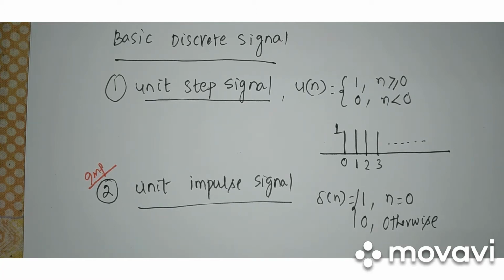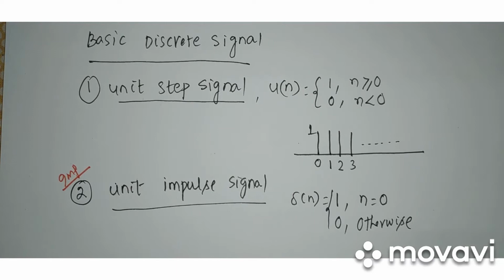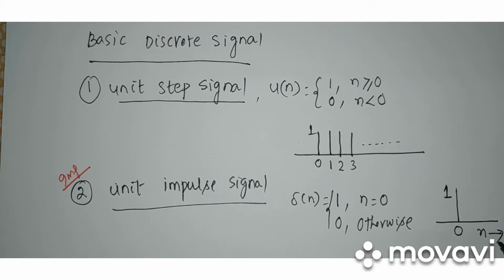Okay, now how we can represent? We can represent like this. Okay, here 1 is a amplitude. This is your n and this is your del of n.